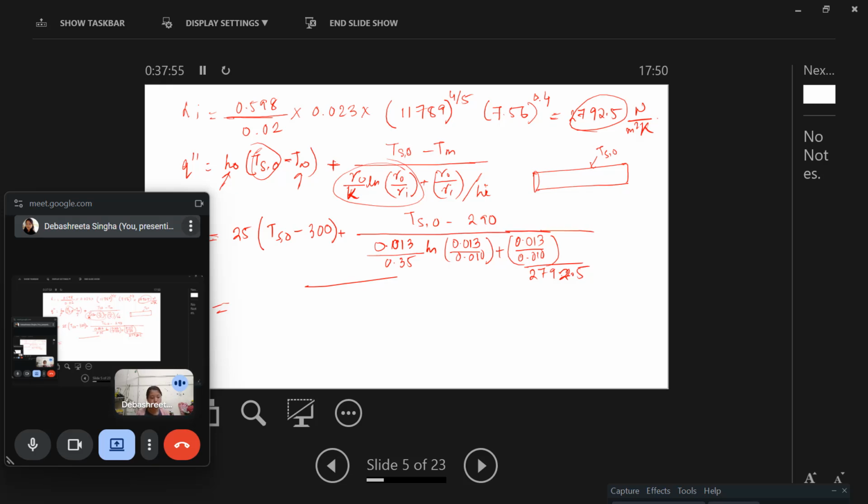So if we solve all this, we get Ts0. We know all the values, only Ts0 we are to find out. So Ts0 we get as 308.3 Kelvin.